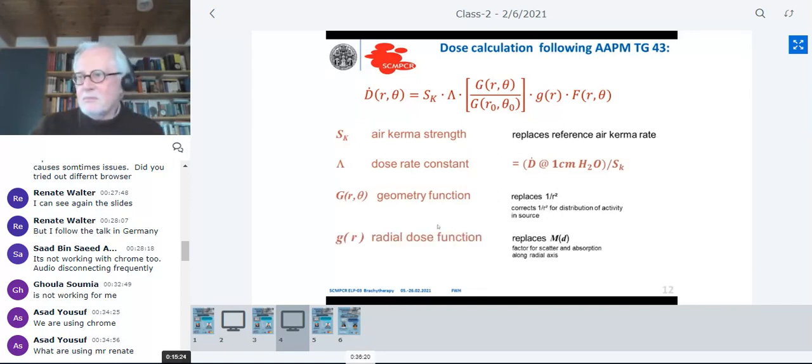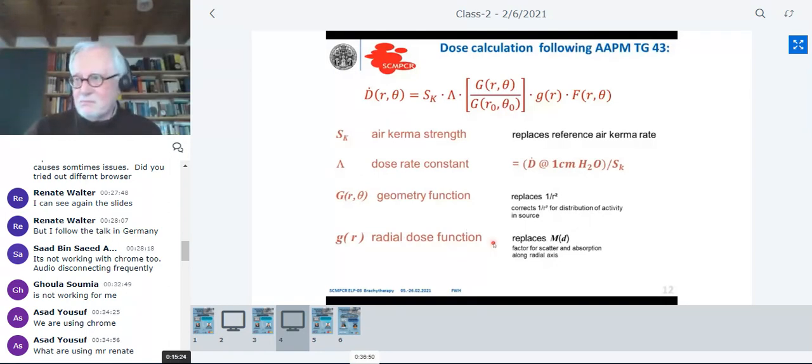And then we have another number, which is called the radial dose function. I wrote here that it replaces the Meisberger polynomial. In a way it does. It looks very similar, but it is different. You must not confuse them. It's very important that you get the correct radial dose function, but it's no problem actually, because TG43 is used in a very standardized way.